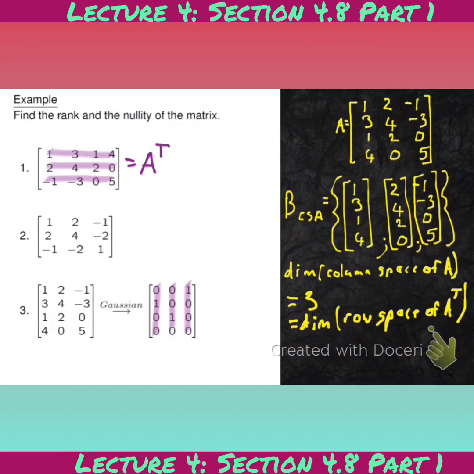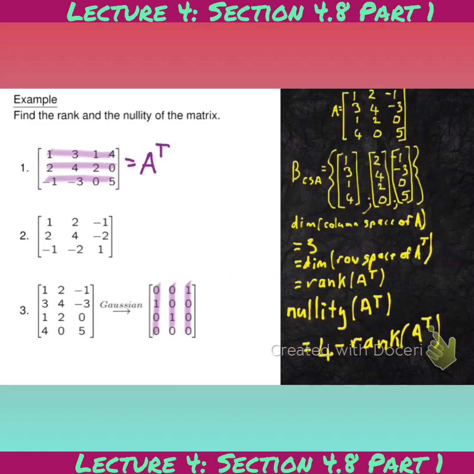So that will then be the rank of my matrix A's transpose. Therefore the rank of A's transpose is 3, and from that we can get the nullity.